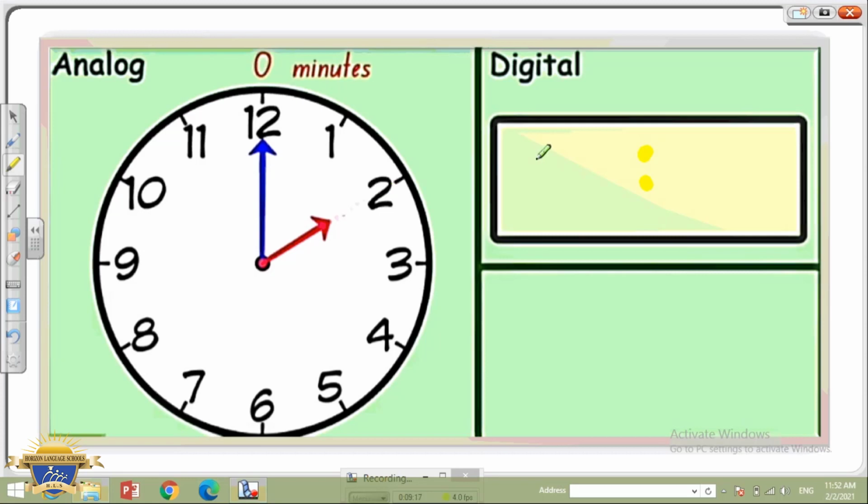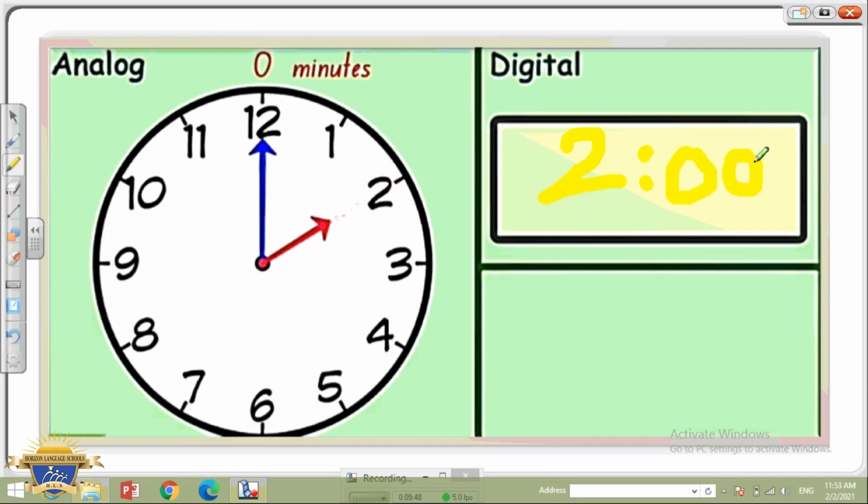Okay, so I will go back here and write 2 in the hours corner. On the left side I write the hours, on the right side I write the minutes. And if the minute hand is on 12, the minutes will be, yeah, excellent, 0. So I will write here 2 zeros.